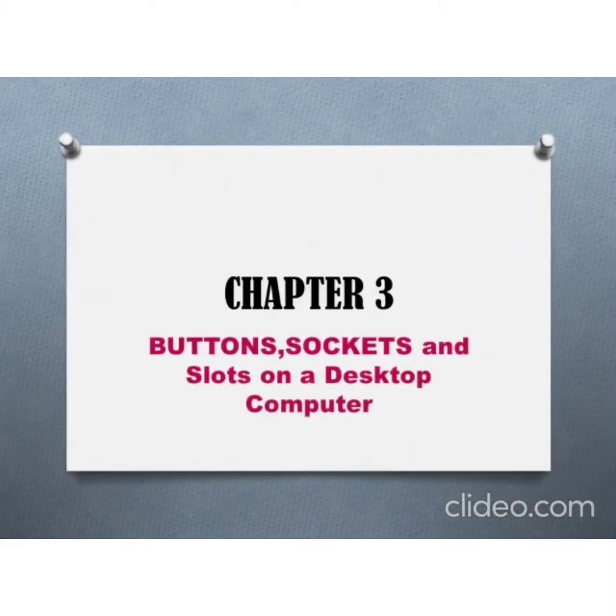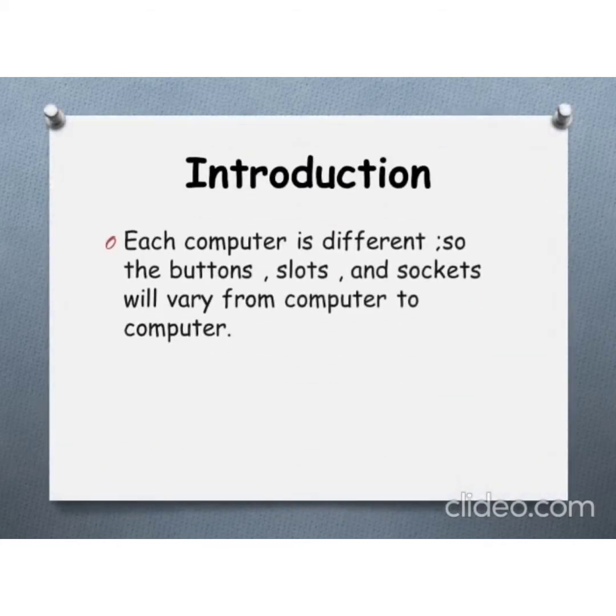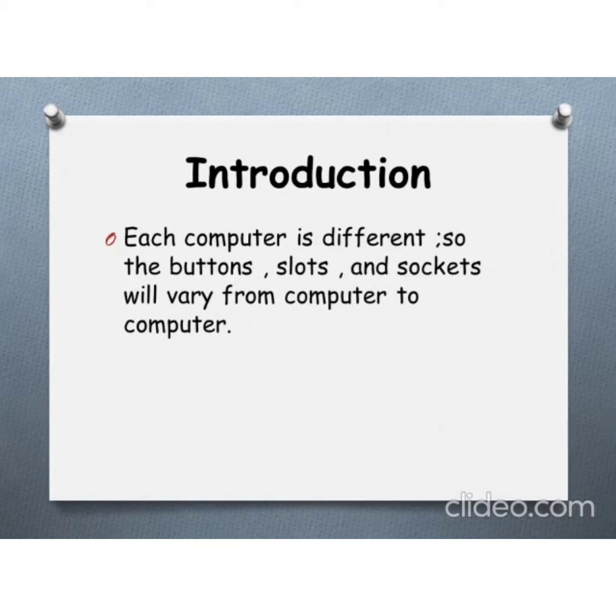So, we will start with our third chapter, that is buttons, sockets and slots on a desktop computer. Each computer is different. So, the buttons, slots and sockets will vary from computer to computer.